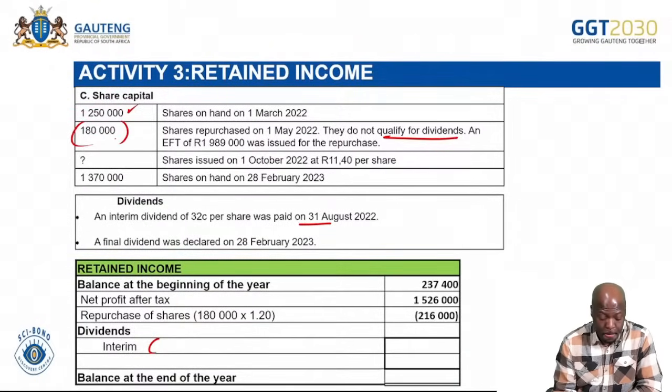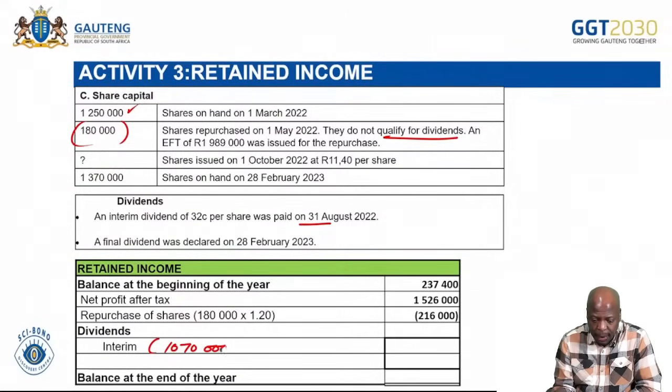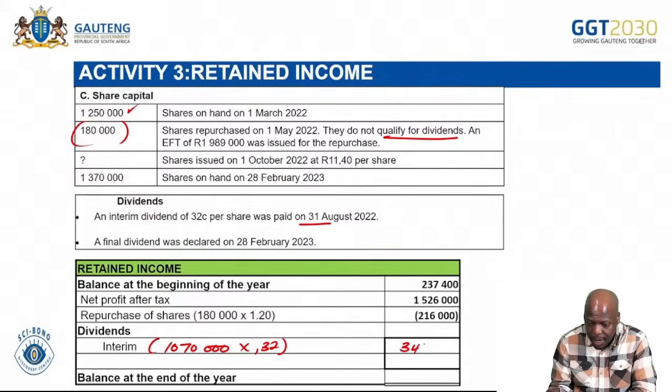How much do you get? 1,070,000 shares. Then I multiply that by 32 cents. That's going to give me 342,400.